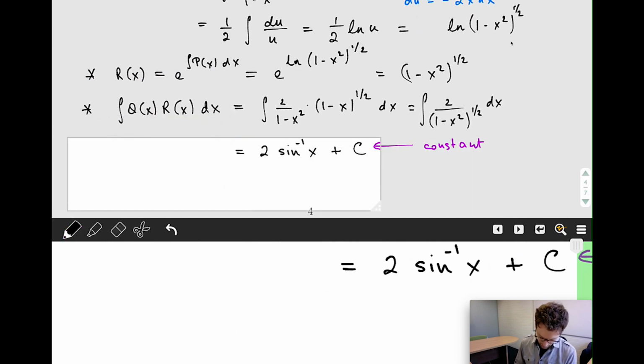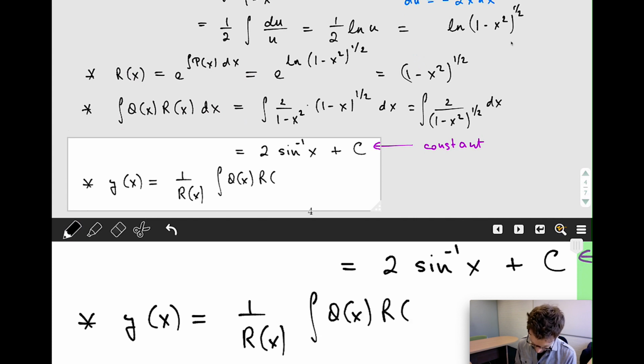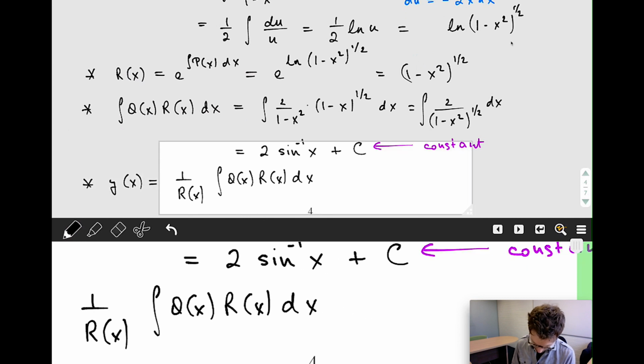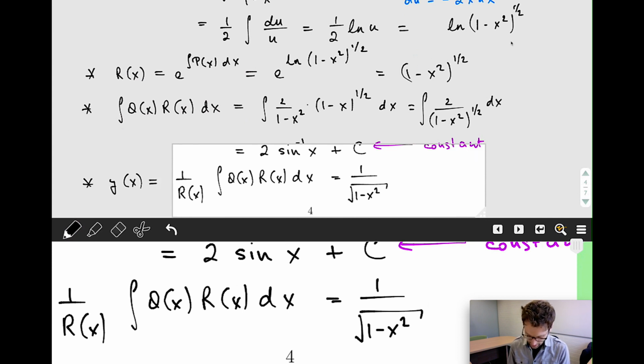The final step then is to put it all together. So I've got y of x is equal to 1 over r of x times the integral of q of x r of x dx, which gives us 1 over the square root of 1 minus x squared, or 1 minus x squared to the half.